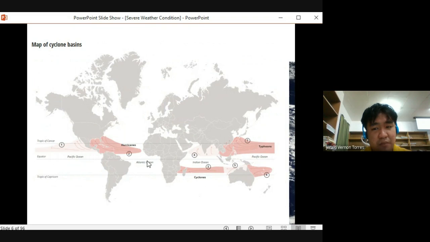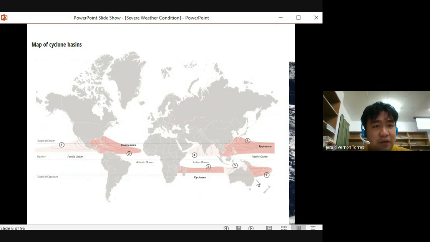Pag sa south naman, we have cyclone. So this is the typhoon basin, the hurricane basin, and this is the cyclone basin. It would depend saan siya na-form. Pag nabuo siya sa northeastern typhoon basin, it will be called typhoon. Pag nabuo siya sa southwest, sa hurricane basin, it will be called, of course, hurricane. At pag nabuo siya sa south, it will be called cyclone.